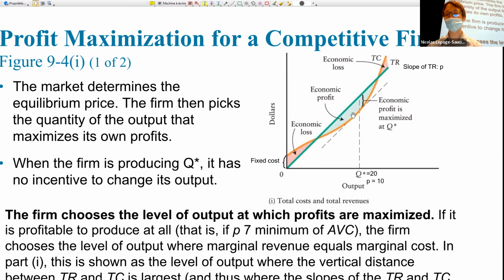So the decision that maximizes profits, which is the difference between the total revenue and the total cost, is to produce a quantity such that the difference between these two slopes is maximized, and you get that when the slope of the total revenue curve equals the slope of the total cost curve.